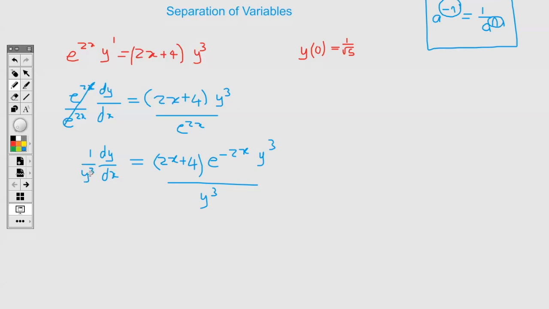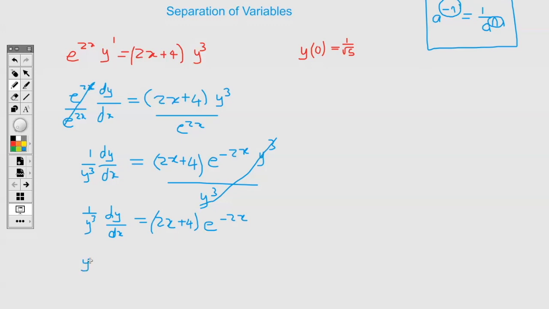So this cancels, and what we have over here is 1 over y cube dy over dx is equal to 2x plus 4 multiplied by e to the minus 2x. Now, 1 over y cubed, we can apply the same indices rule. We can rewrite it as y to the negative 3.